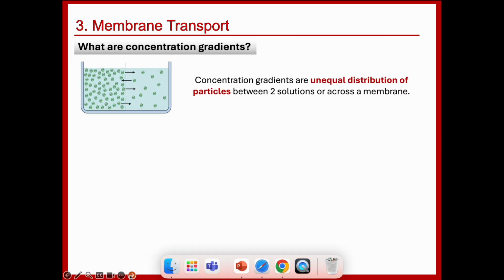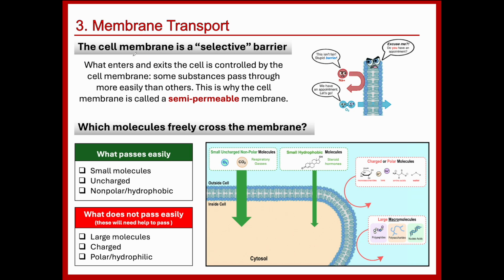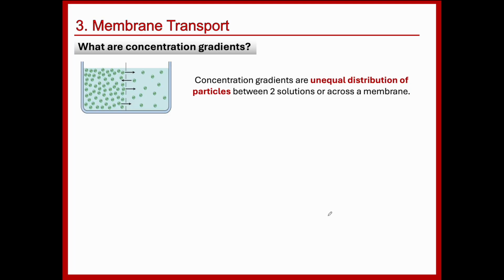All right. So let's talk now about concentration gradients, okay? So now we know that certain things could pass freely through the membrane and other things can't. But what is it that allows things to go through this membrane, right?